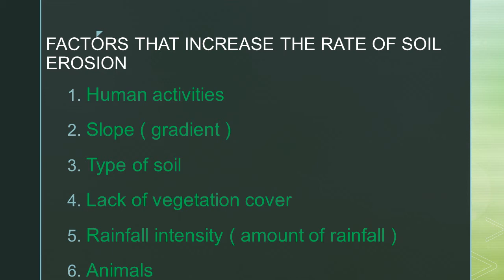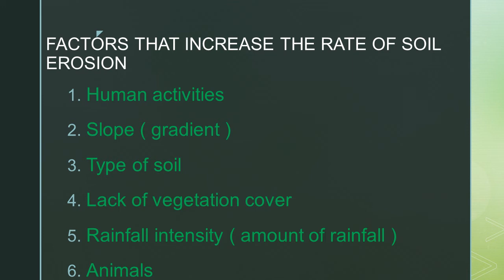Number 1, we have human activities. Some of the human activities include burning of vegetation cover, cutting down of trees, which is called deforestation, and poor farming methods, which include cultivating down steep slopes and near riverbanks.